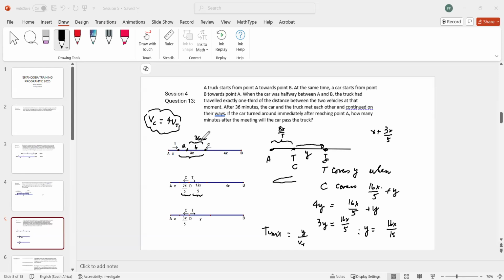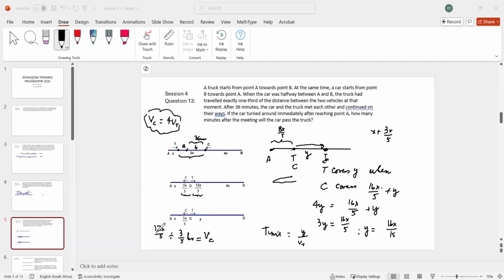So the car's speed: the distance that the car travels is 12x over 5, and the time that it takes is 36 minutes, which is 3/5 of an hour, right?